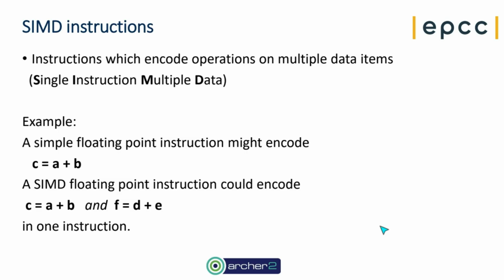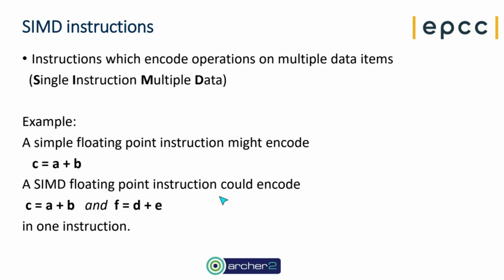So SIMD instructions are instructions which encode operations on multiple data items. For example, a simple floating point instruction might encode C equals A plus B, but a SIMD instruction could encode both C equals A plus B and F equals D plus E in a single instruction.